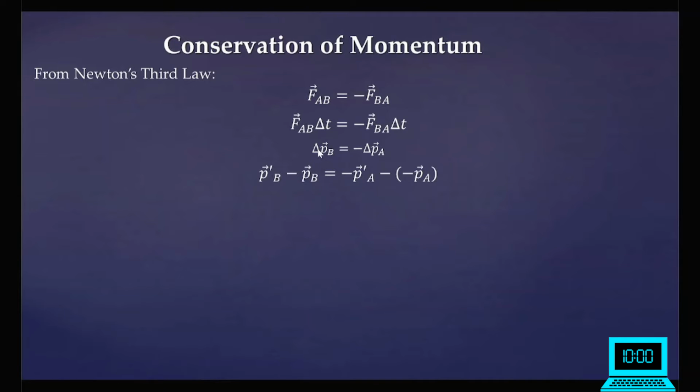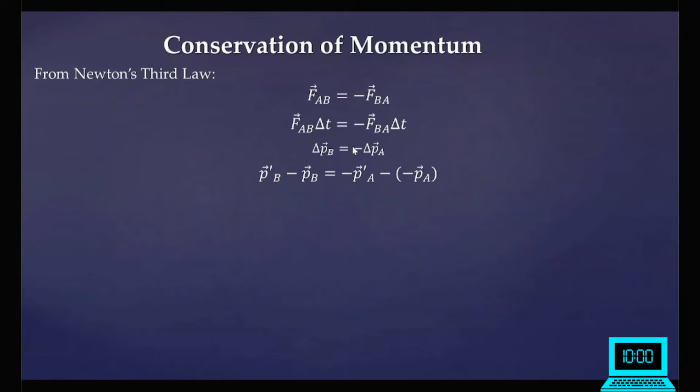Now, if we were to expand out what this delta PB and delta PA mean, it means that we're going to have the final momentum minus the initial momentum. And of course, I'm using a little prime symbol here, for this is the final momentum of B minus the initial momentum of B. We have the same thing here, except this is a negative sign.